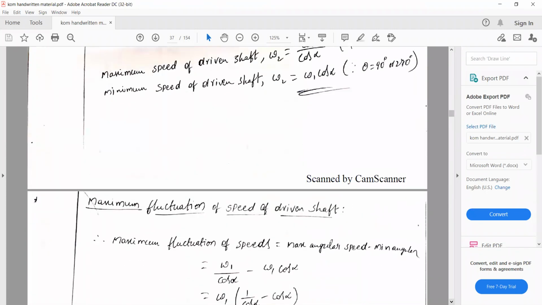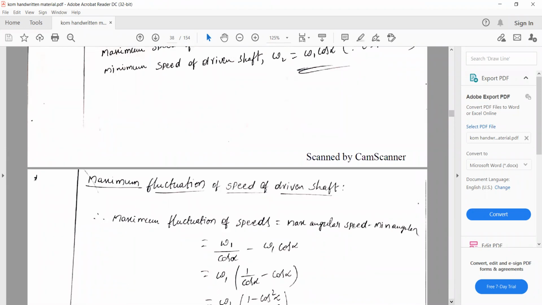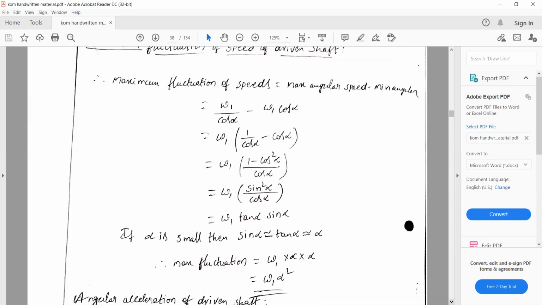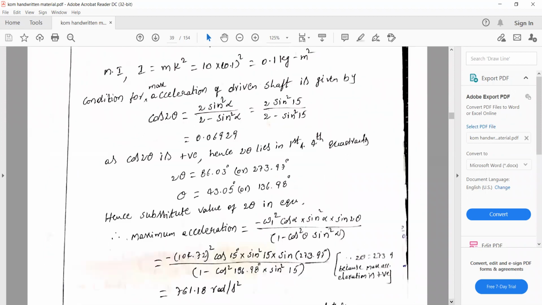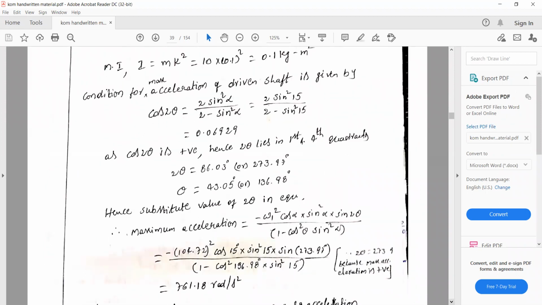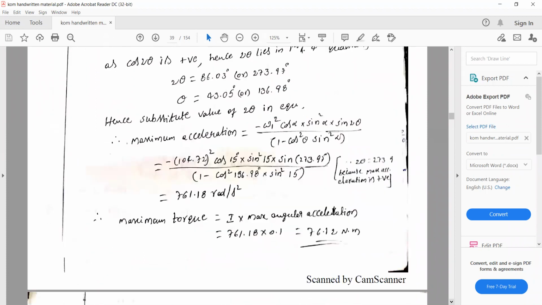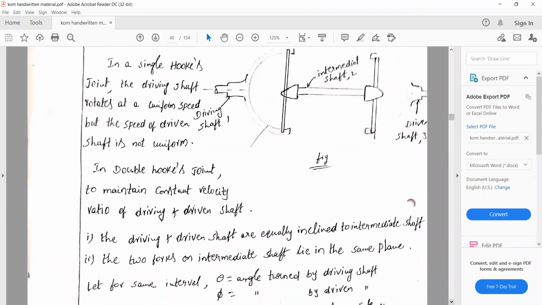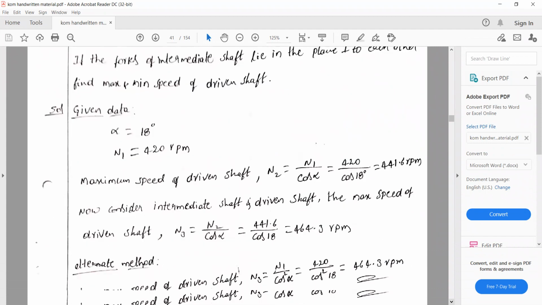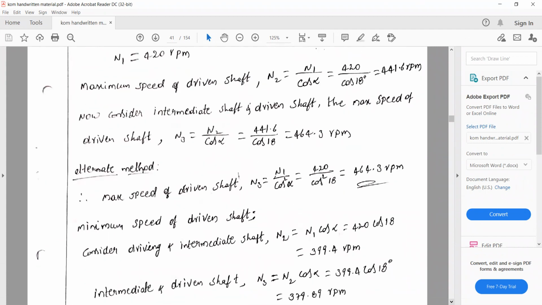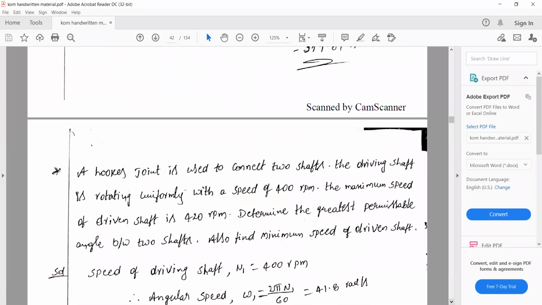When you practice, then definitely you will learn it easily. We also have some problems regarding the Hooke's joint. In total, we are covering the single Hooke's joint and double Hooke's joint, steering gear mechanisms, and straight line motion mechanisms.